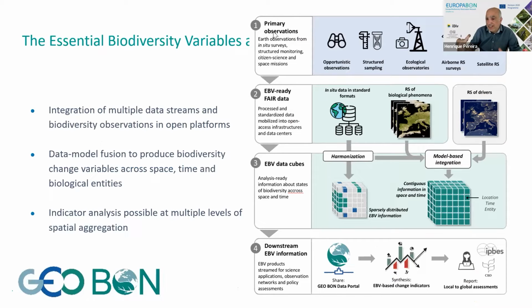That is to identify the key aspects of biodiversity that need to be monitored across sites, and then identify what kind of data sources we have, how we can aggregate them using biodiversity informatics, how we can combine them with remote sensing, and how we can use models to fill many of the spatial and temporal gaps to produce EBV cubes for the different variables, where you have contiguous information in space and time, and also across biological entities, and making that information publicly available for users in ways that we can use this information across scales. Next slide.